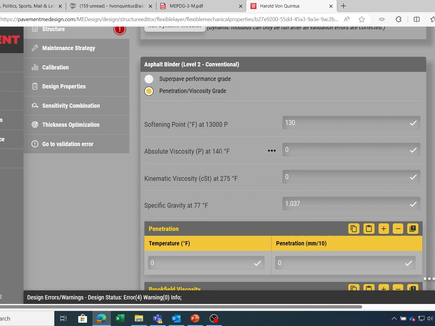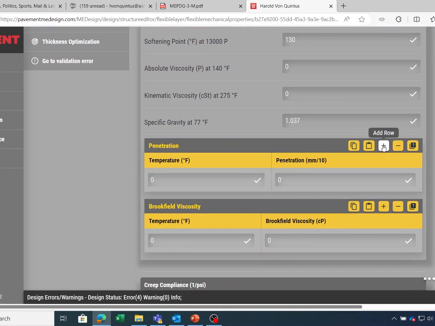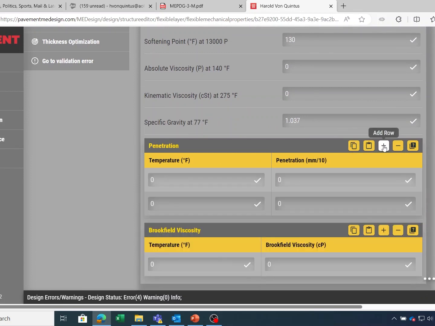The asphalt viscosity at 140 degrees Fahrenheit, the kinematic viscosity at 275 degrees Fahrenheit, and then the specific gravity of the asphalt binder. Penetration is then entered or can be entered at one or multiple temperatures.